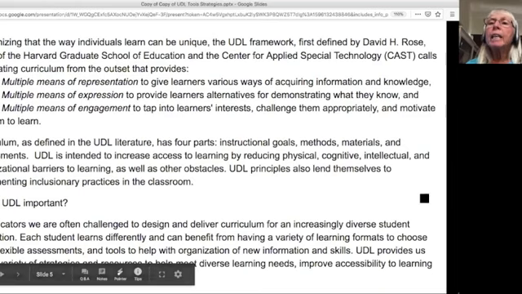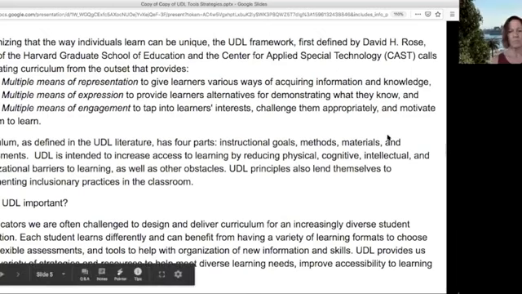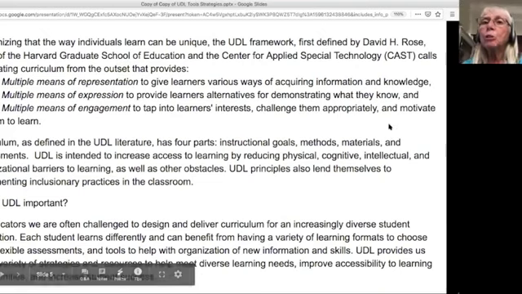So UDL has three main principles, all having to do with access. And the thing that I really like about UDL is that it is an umbrella for all the things that we are talking about in this colloquium, because it all really comes down to access and feeling comfortable in that access. So how do we do that?